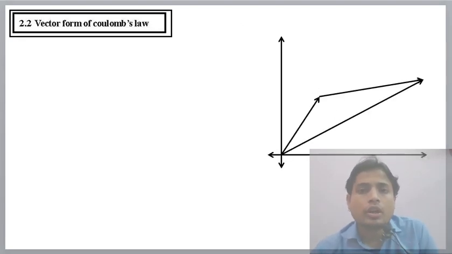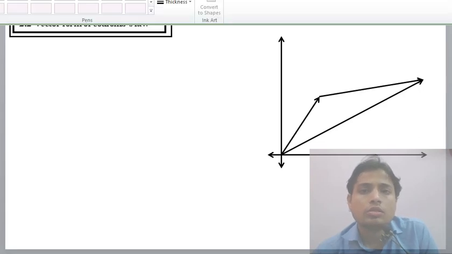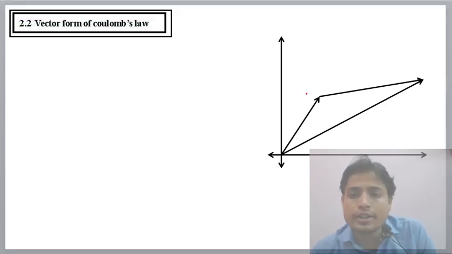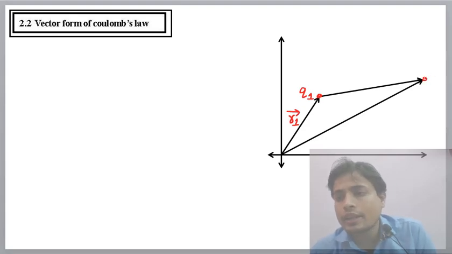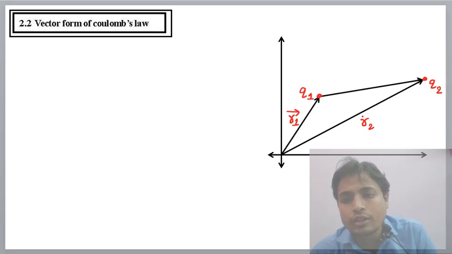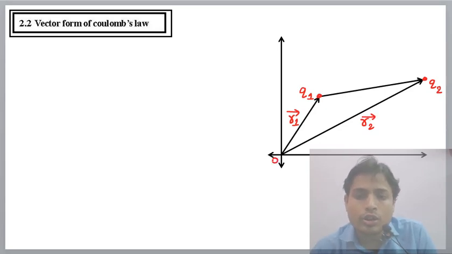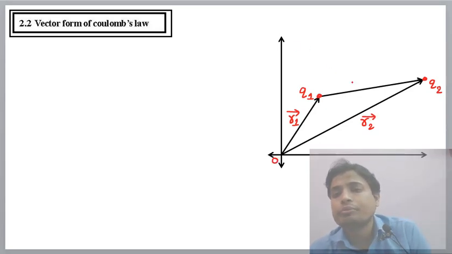Suppose there are two charges, one charge Q1 whose position vector is R1 vector, and the second charge is Q2 whose position vector is R2 vector. This is the origin.